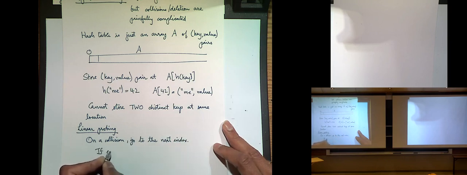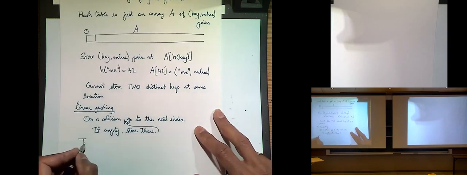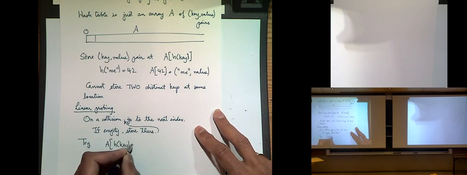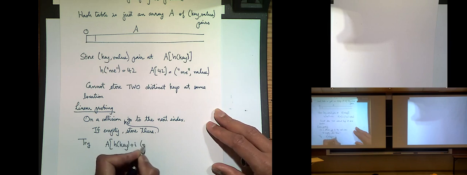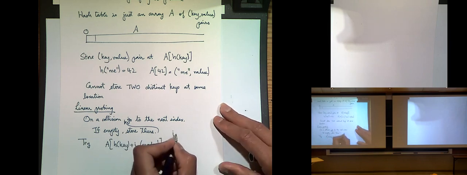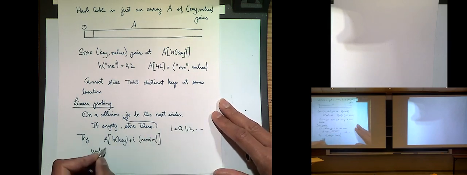If empty, you can store it there. And you keep doing this. You keep going to the next index until you find something that's empty. So it's like saying you just try A of (H(key) plus i) mod M, where i goes from 0, 1, 2, and so on until empty.